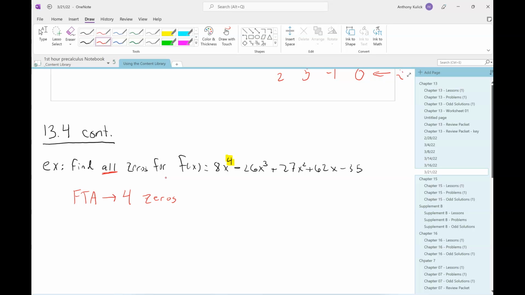And the way we're going to generate these 4 zeros, well, we're going to start by using synthetic division. In order to do that, though, I need to figure out what numbers would be good to do the synthetic division on. So I'm going to create a list of possible rational zeros.